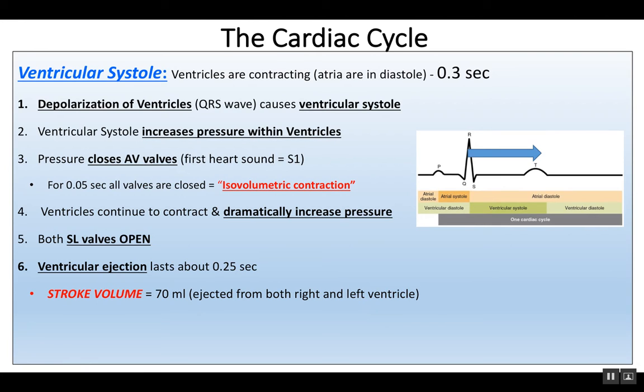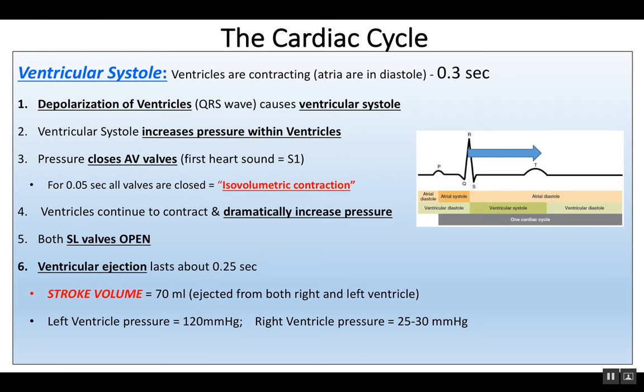Stroke volume for our average normal volumes is about 70 milliliters. So if you think about how much was in a ventricle in diastolic volume, that was 130. We only pump out 70. So 60 milliliters stays in the ventricle.